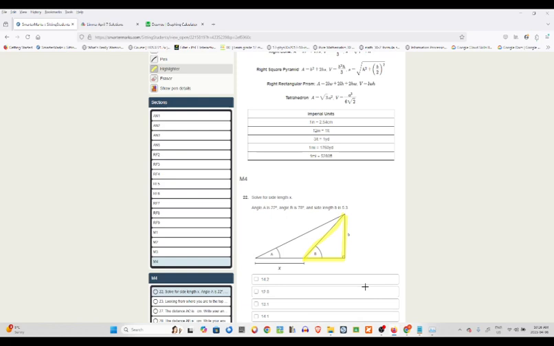Making sure we are in degree mode. That means this side down here is 1.1264977769, and more digits that don't fit on the calculator display.